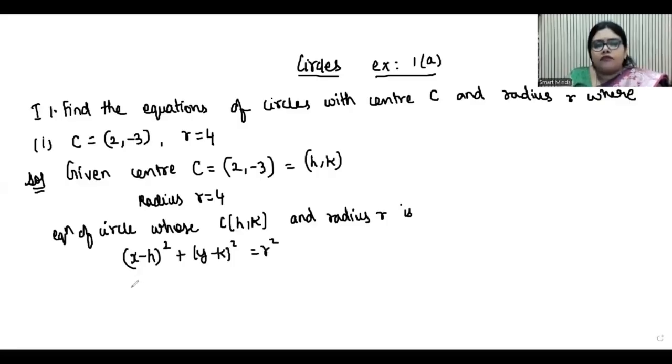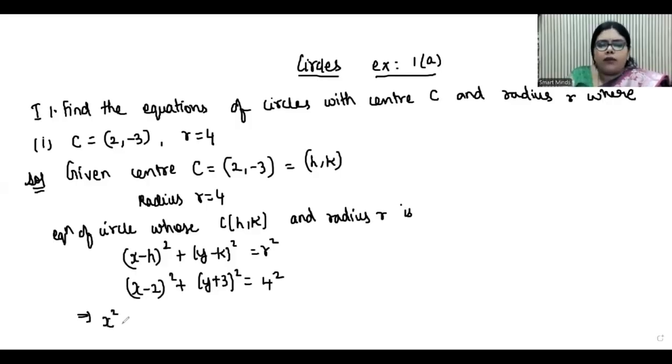Now in the place of h and k, we will substitute 2 and minus 3. So x minus 2 whole square plus y plus 3 whole square is equal to 4 square. Now open the brackets. Here we apply a minus b whole square and a plus b whole square formula.